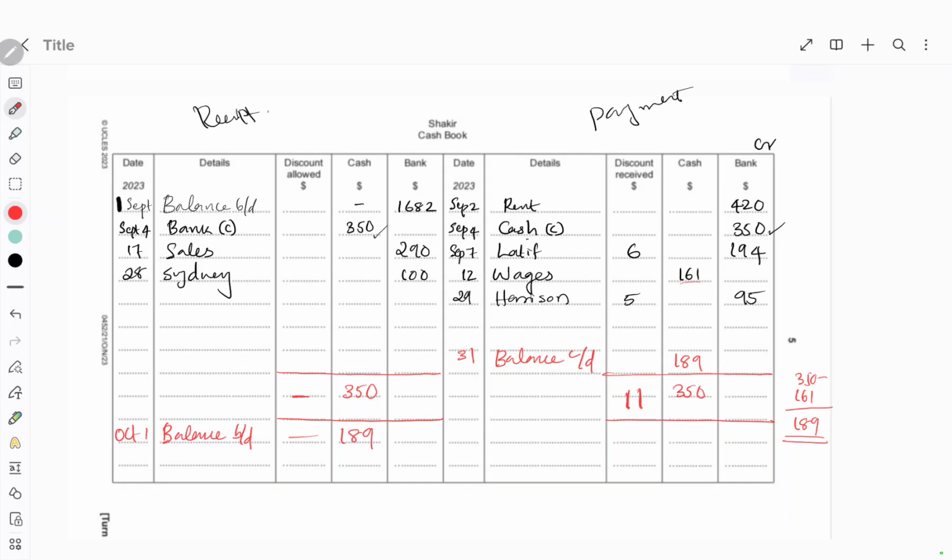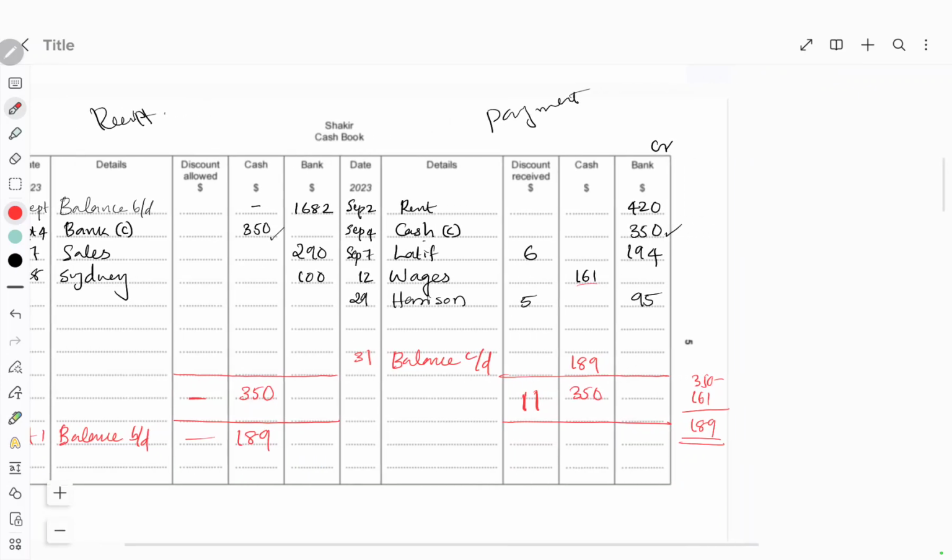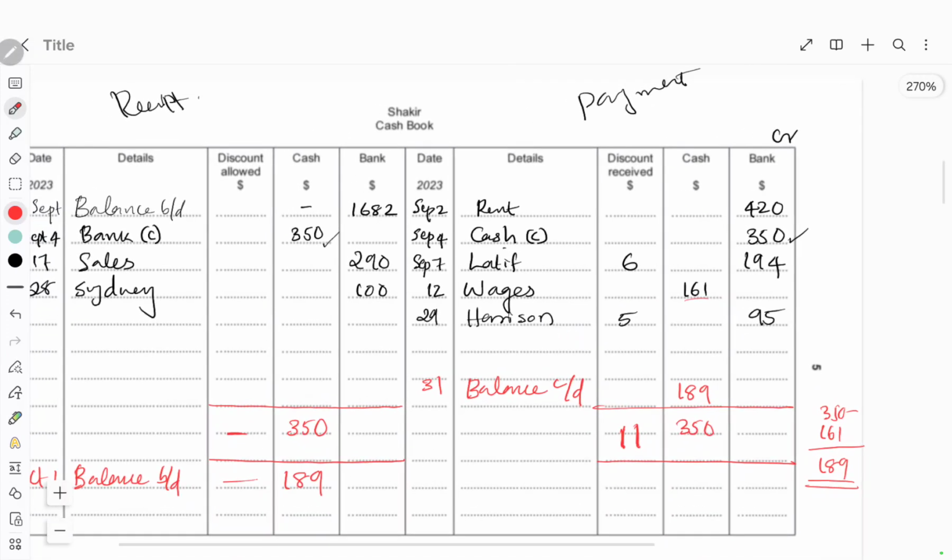Okay, the next one is the bank column. So check which side is higher for bank. I think the debit side is higher. You have to calculate with the calculator which side is higher. So it will be like 1682 plus 290 plus 100, and here also calculate separately 20 plus 350 plus 194 plus 95.